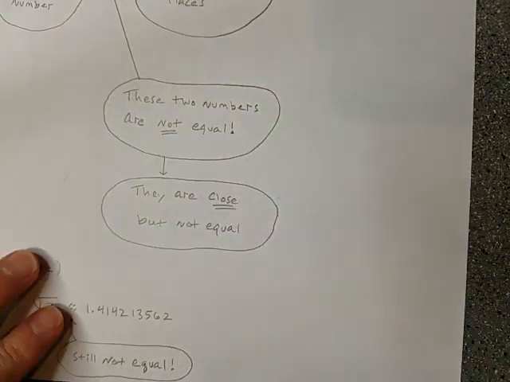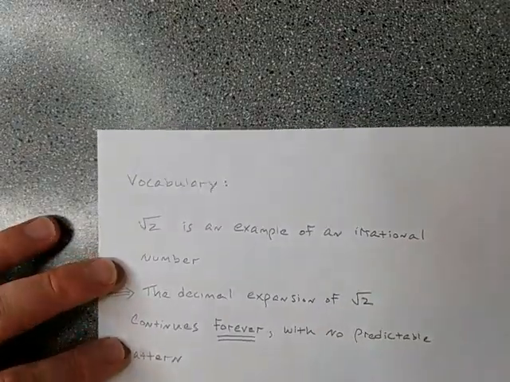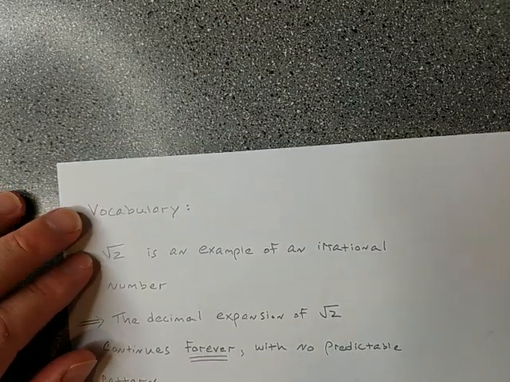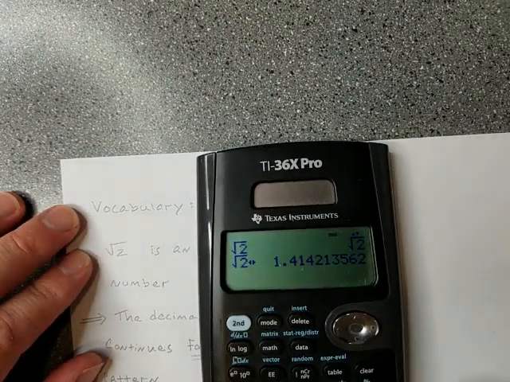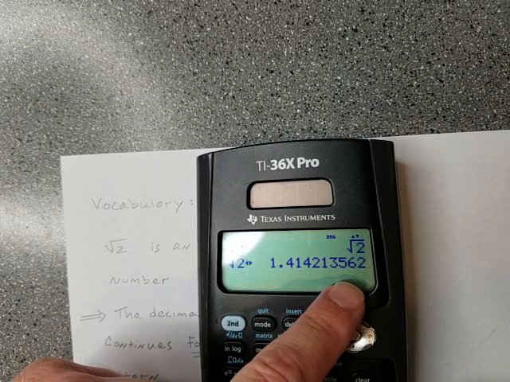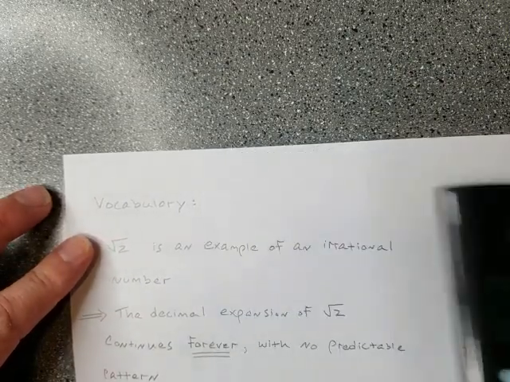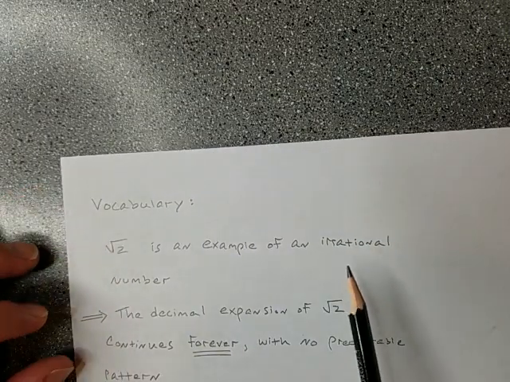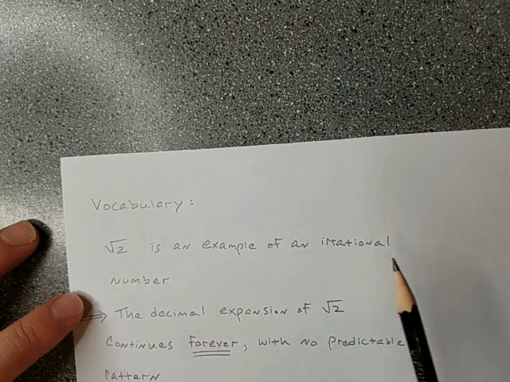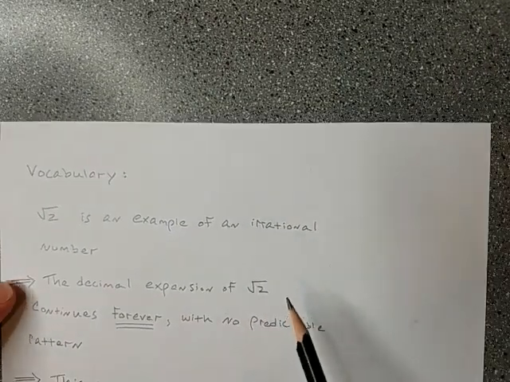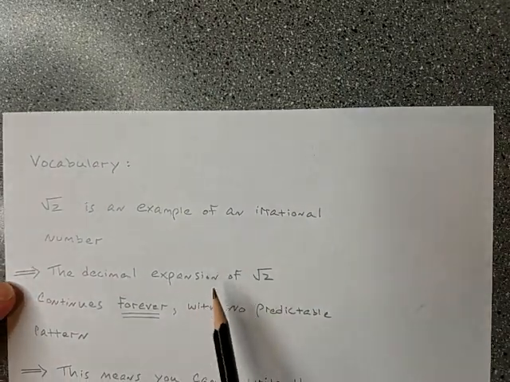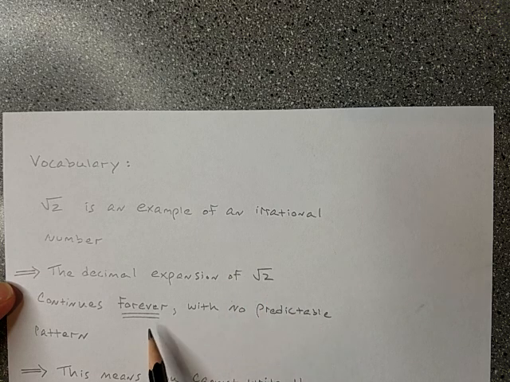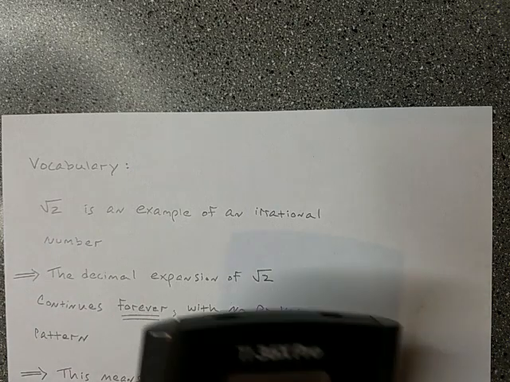Okay? All right. Now, I thought from here I'd elaborate a little bit about the vocabulary and show you an example. So, root 2, the reason why I can't actually write down all those digits and say that it's equal to root 2 is that root 2 is what is called an irrational number. And all that means for us is that the decimal expansion of root 2 continues forever with no predictable pattern. Well, think about it like this.